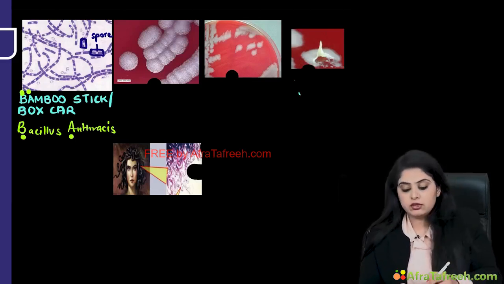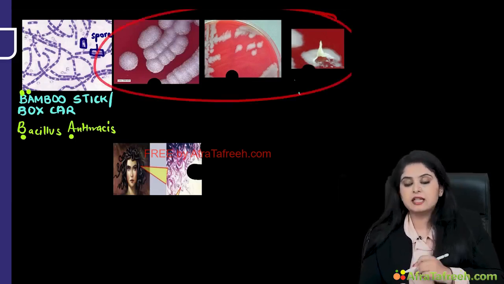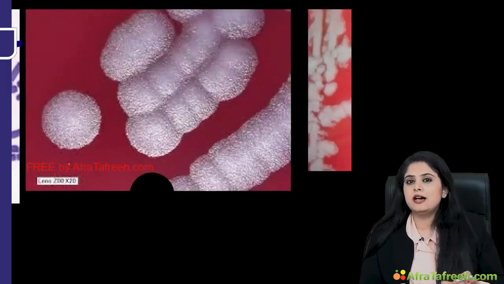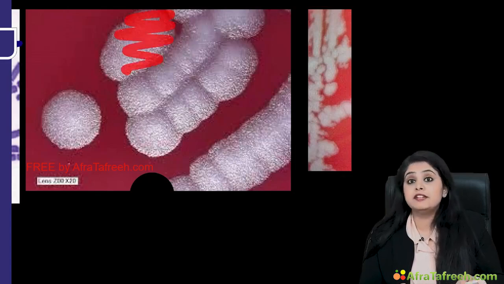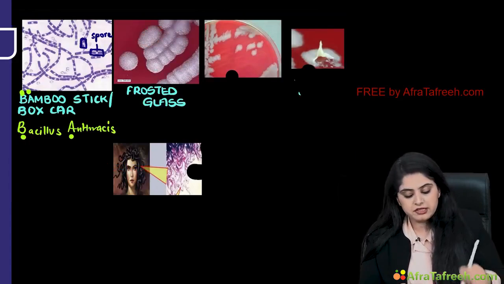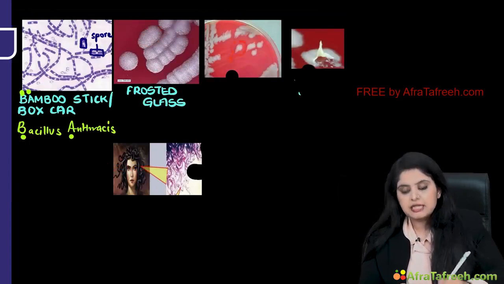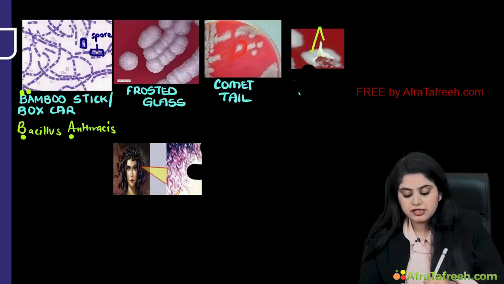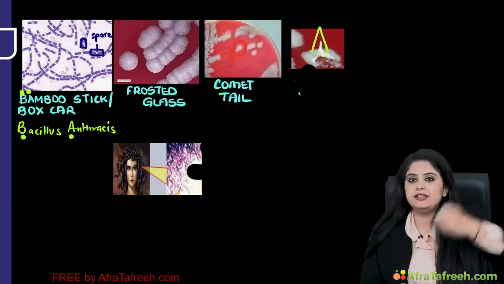Now look at all these findings on a blood agar. What can I see? I can see that this appearance is looking like a frosted glass, right? Like you've seen frosted glass in winters, that kind of a frosted glass appearance. Then over here, the next one is looking as if a tail is coming out. So that is the comet tail appearance. The next one looks as if I'm beating egg. When you beat egg, these strands come out.